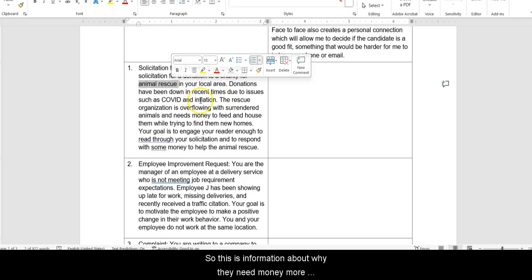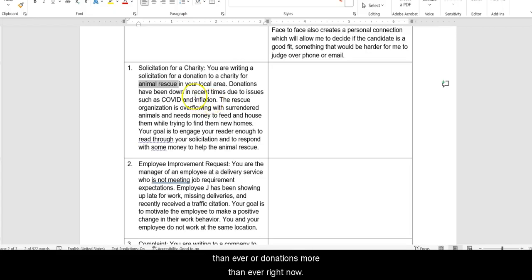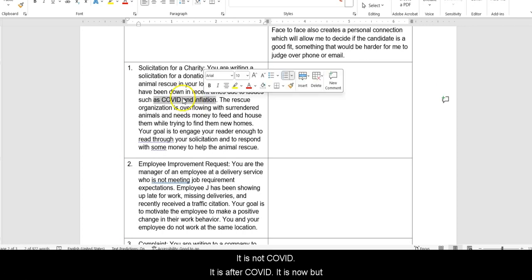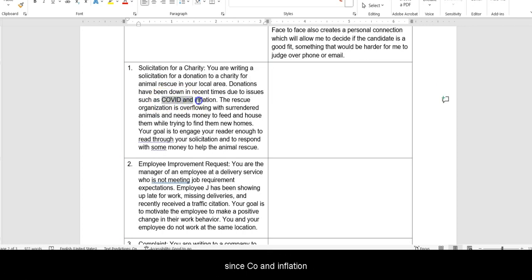So this is information about why they need money more than ever, or donations more than ever right now. It is not COVID, it is after COVID, it is now, but since COVID and inflation, rescues have been greatly impacted. So it tells a little bit more.